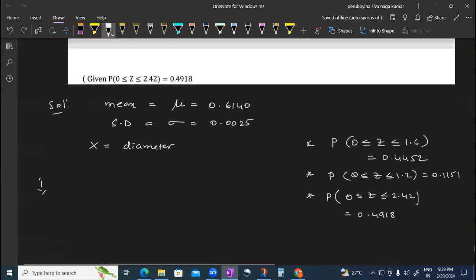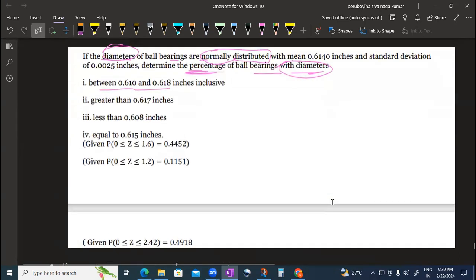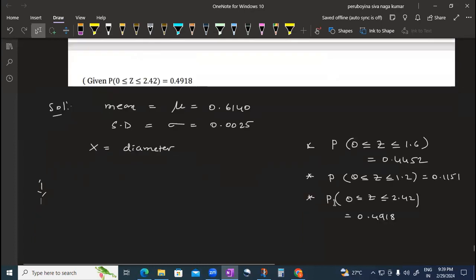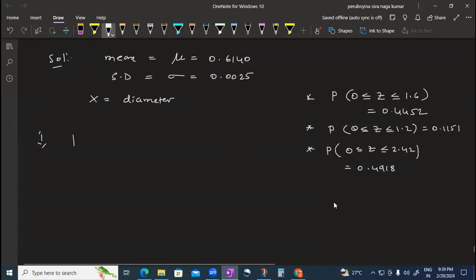So the first question says between 0.610 and 0.618. Between he said, so x lies between 0.610 and 0.618. This is the probability we have to calculate.